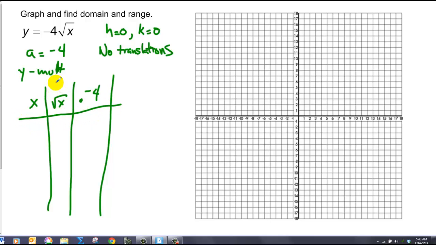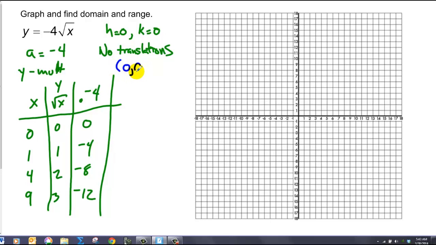And once again, this column is my y column. I look at the points 0, 1, 4, and 9. Parent function values are 0, 1, 2, and 3. And I multiply all those values by -4. 0, -4, -8, -12.